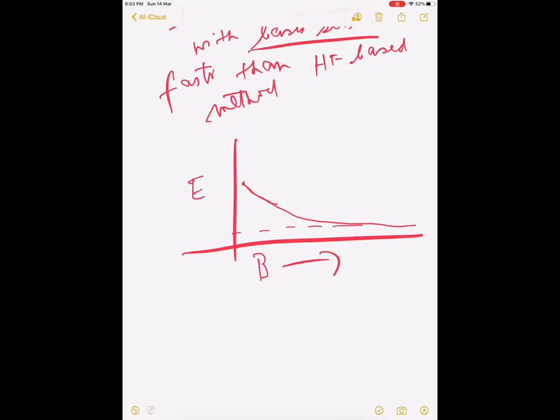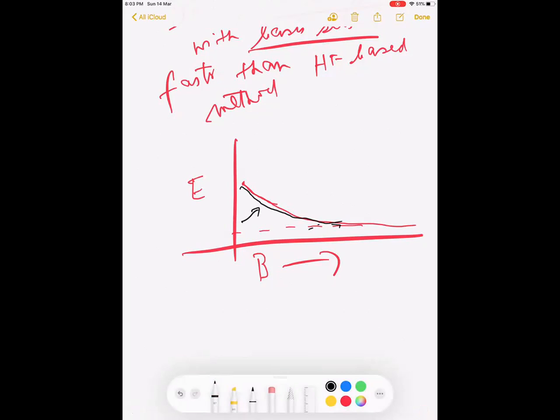However, the same number can be reached faster. So let's say I start with a very similar number and I reach the same value here much faster. Of course, this is better because a smaller number of basis functions has given me the value. Here, the same thing goes very, very slowly. And this is exactly what happens in DFT.